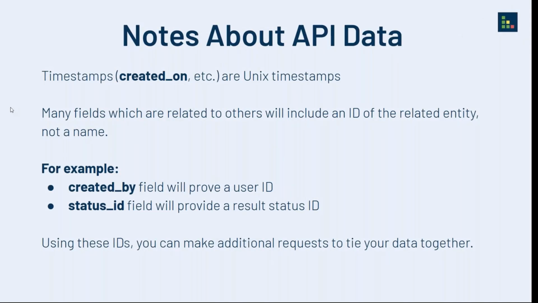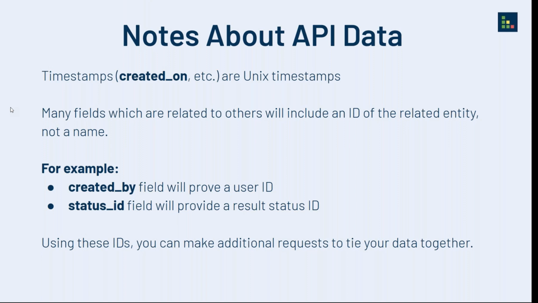Just a couple of additional notes about API data before we continue. Timestamps within TestRail are Unix timestamps. So a created on timestamp, or created before, created after, the data provided will be a Unix timestamp and not a month, day, year timestamp like you may see in other tools.